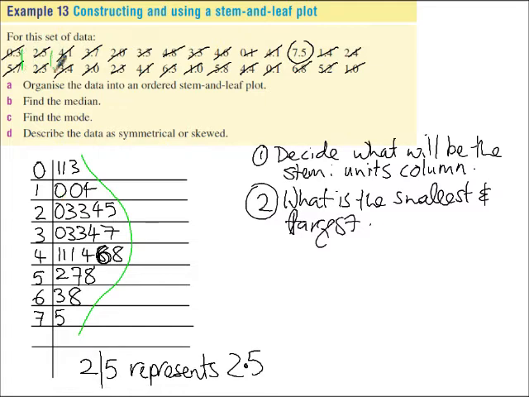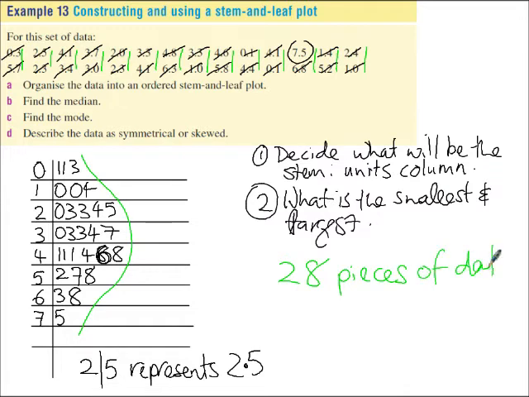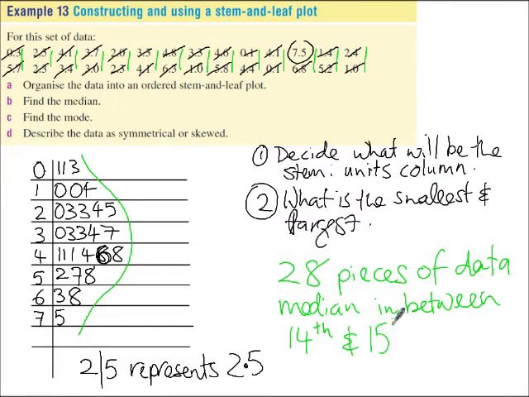So 2, 4, 6, 8, 10, 12, 14, 16, 18, 20, 22, 24, 26, and 28. 28 pieces of data. So that means that my median will be in between, half of 28 is 14, so the 14th and the 15th.